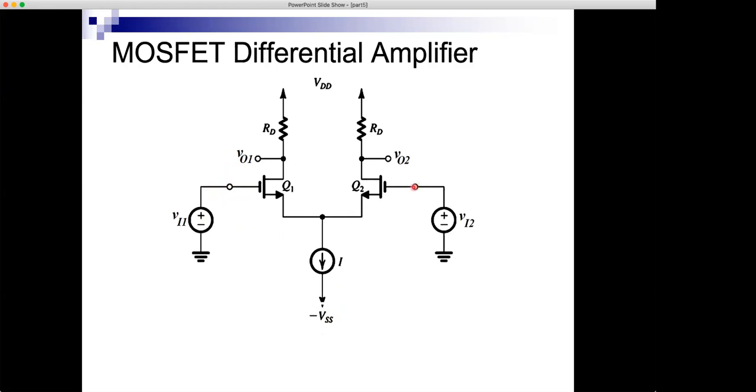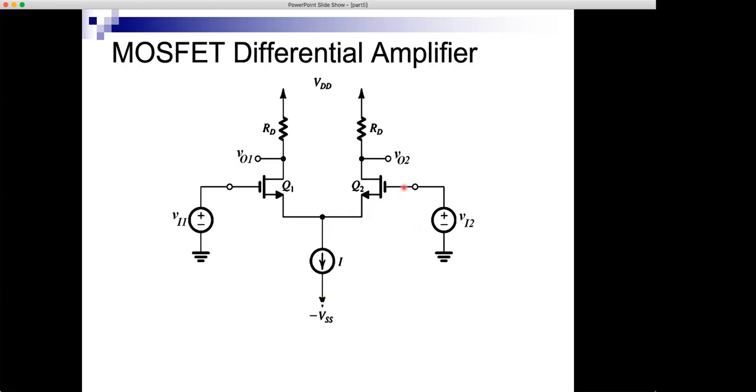Same here. To allow that without causing the MOSFET to go to cutoff, I need a negative supply here so that when this drops below 0, VGS of this will continue to be positive and this will continue to conduct.